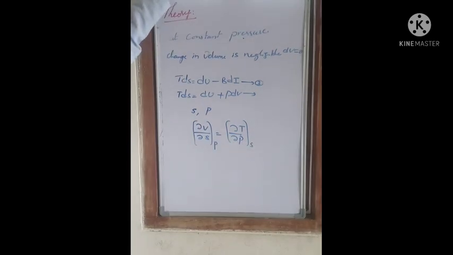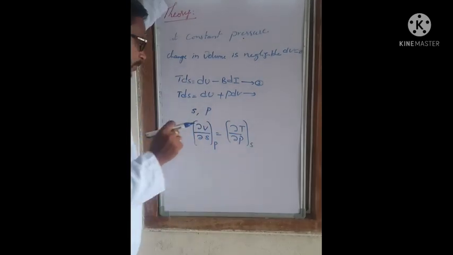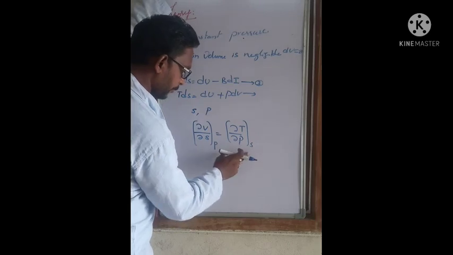This is Maxwell's thermodynamic equation 3, the relation between entropy and pressure.